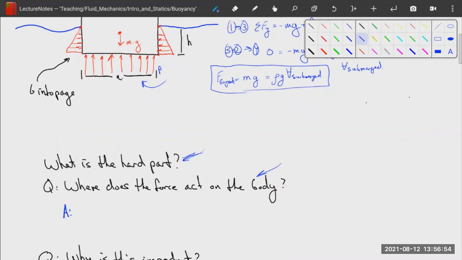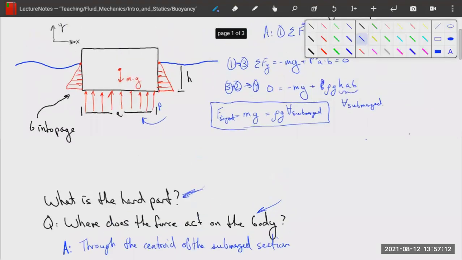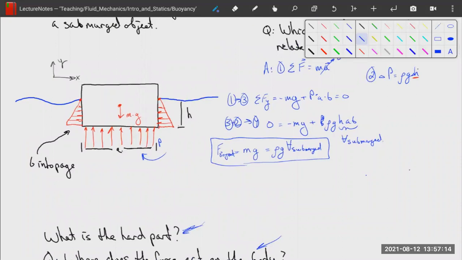In this case, the answer is through the centroid of the submerged section. The centroid of the submerged section. So with a rectangle like this, the submerged section is going to be this green area here that I'm coloring in a little bit.